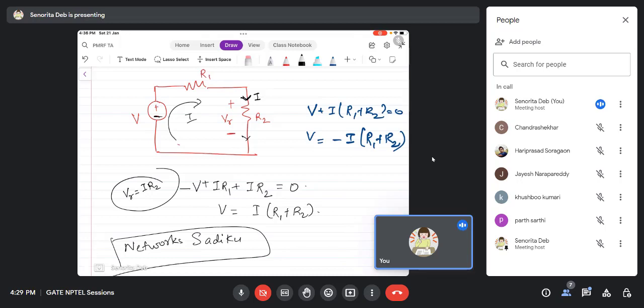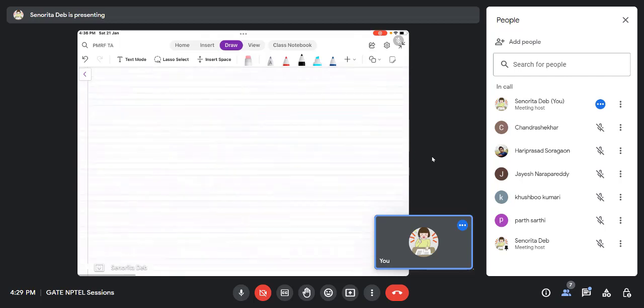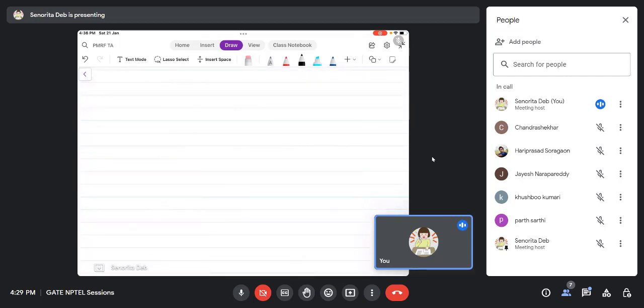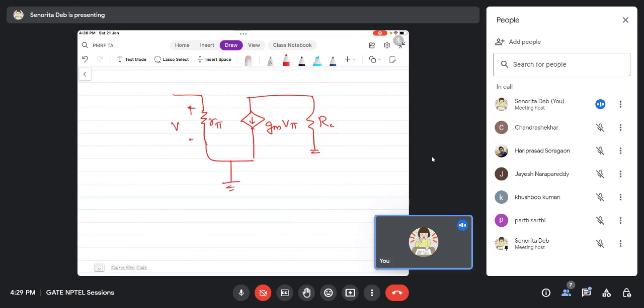So now I will go back to the small signal model, where we have already got our values of voltage gain. There was gm V pi, there was RC, this is also grounded, this is R pi with V pi across it, and this was Vin.